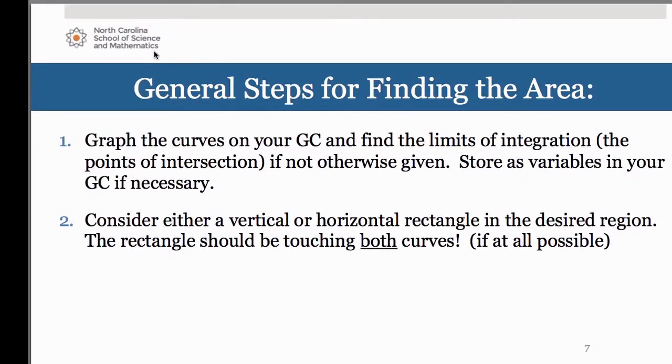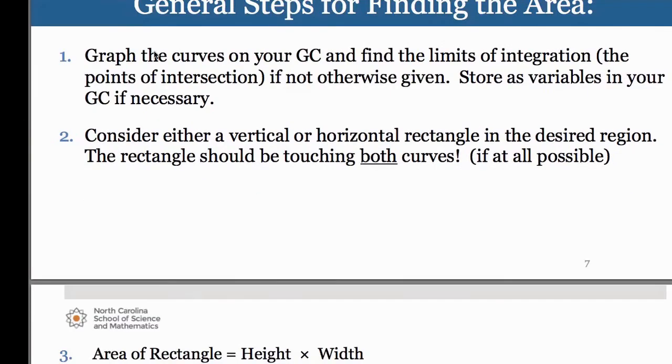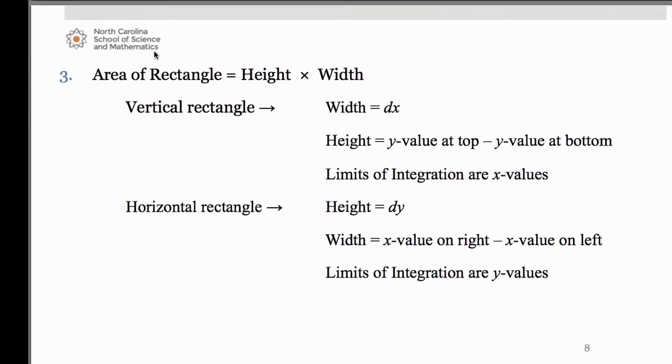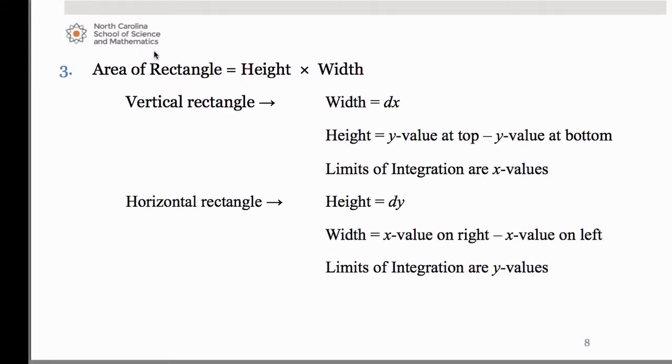So once you've decided if it's going to be a vertical or horizontal rectangle, your guide for deciding that should be that you want the rectangle to touch both curves if at all possible, because that leads into then knowing whether it's going to be a dx or a dy problem. If you have a vertical rectangle, your widths are dx's, they're delta x's.